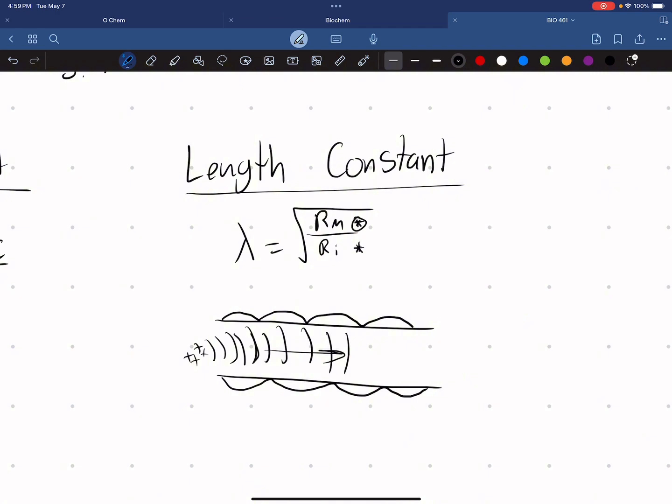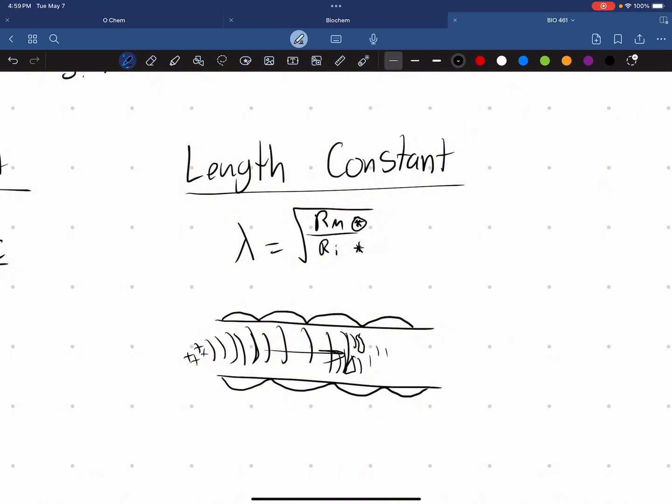But if we have internal resistance, then there will be things inside the neuron that will either dissipate this sphere of influence or cause it to fizzle out a lot sooner.